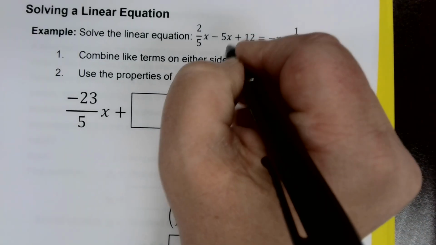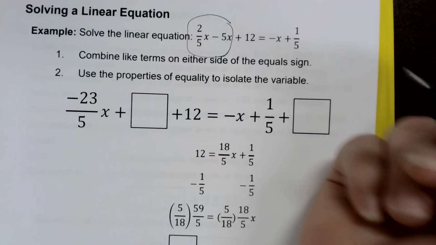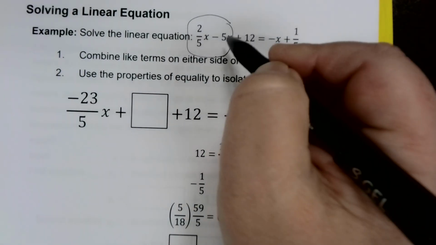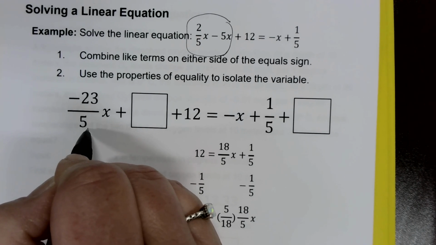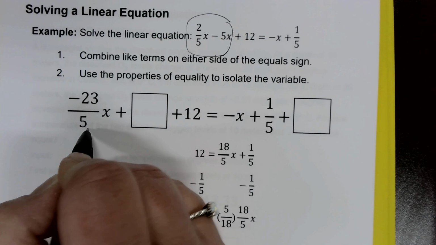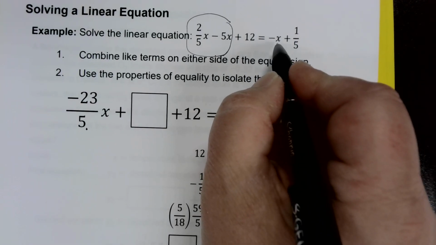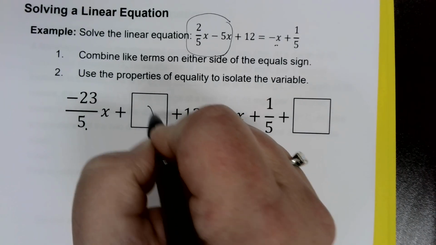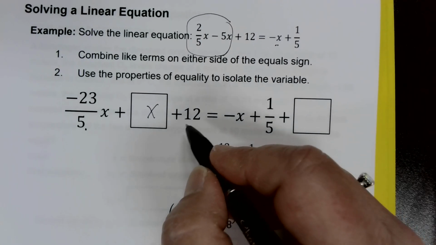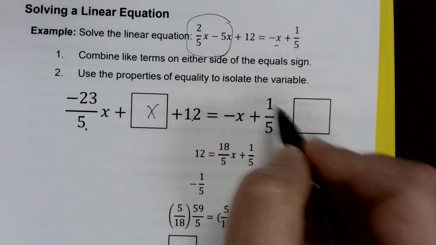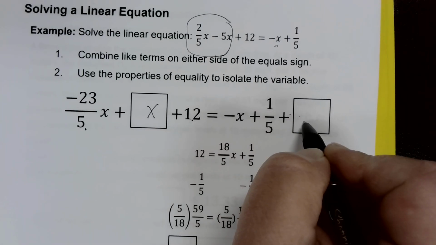What I can combine are these two guys, 2/5x minus 5x, and that's where I get this negative 23 over 5. And then while I'm at it, I can go ahead and move this x over here by adding it to both sides. Then I've got this constant that needs to be moved over there, right?